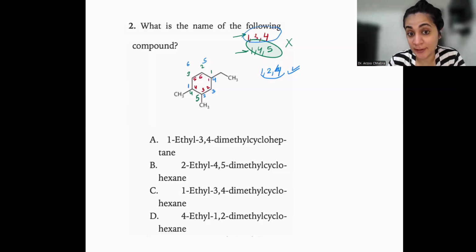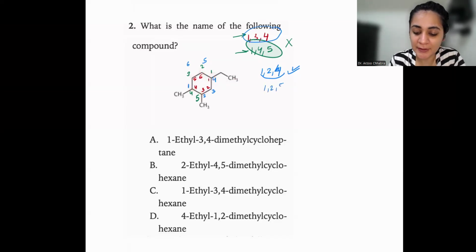And even the other way around, if I had gone 1, 2, 3, 4, 5, right? If I started 1 over here instead of over here, then I would get 1, 2, but this group over here would have gotten 5. This would have gotten 1, 2, and 5. So not really big numbers, right?